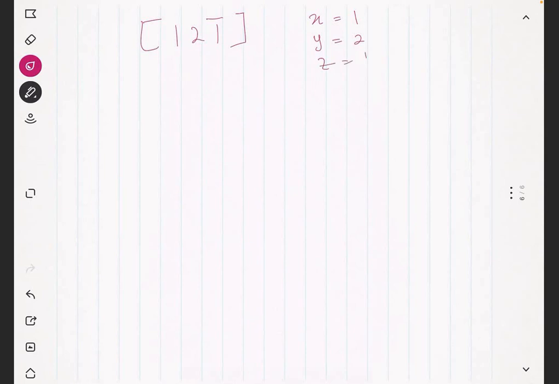So if we draw the table like this, X, Y, and Z, starting with dividing by the largest integer, which is 2. So you get X equal to half, Y equal to 1, and Z equal to minus half. So you get this value.